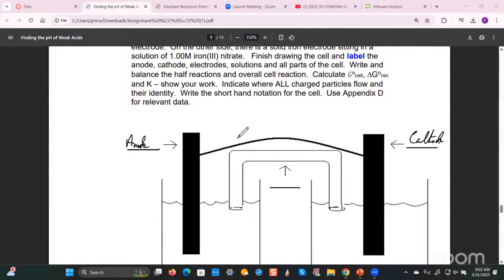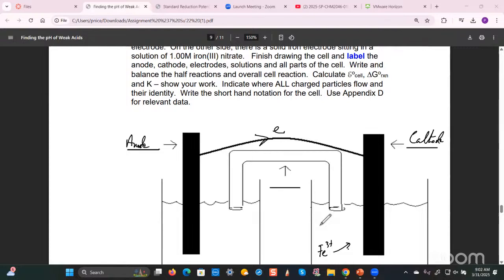So basically, because anode is where the oxidation takes place, that means that the electrons will be flowing in that direction. All right? As far as the other charged particles are concerned, as far as I can see, the Fe3 plus will be attracted to the cathode, to the iron.